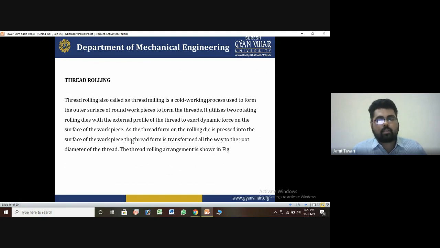It utilizes tool coating, a rolling die with the external profile of the thread, forced onto the surface of the workpiece. As the thread form of the rolling die is pressed into the surface of the workpiece, the thread form is transformed all the way to the root diameter of the thread.